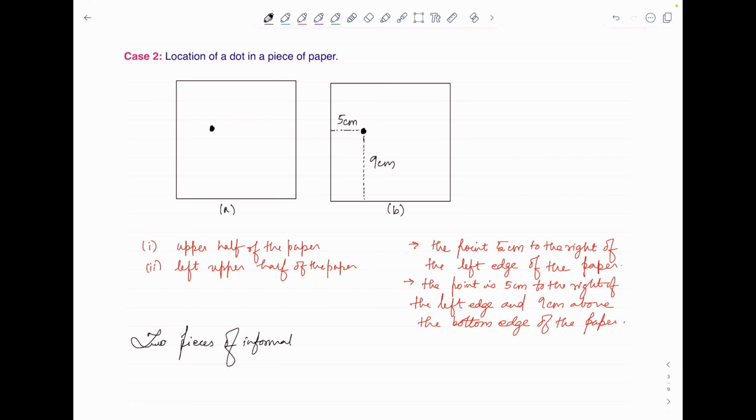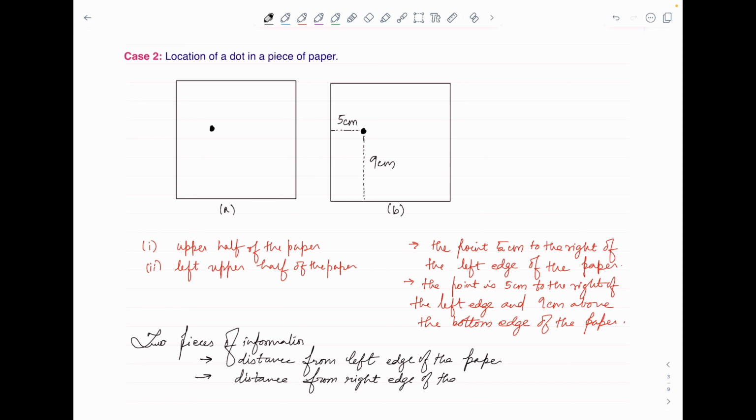What were those two pieces of information? Distance from the left edge of the paper, and distance from the bottom edge of the paper.